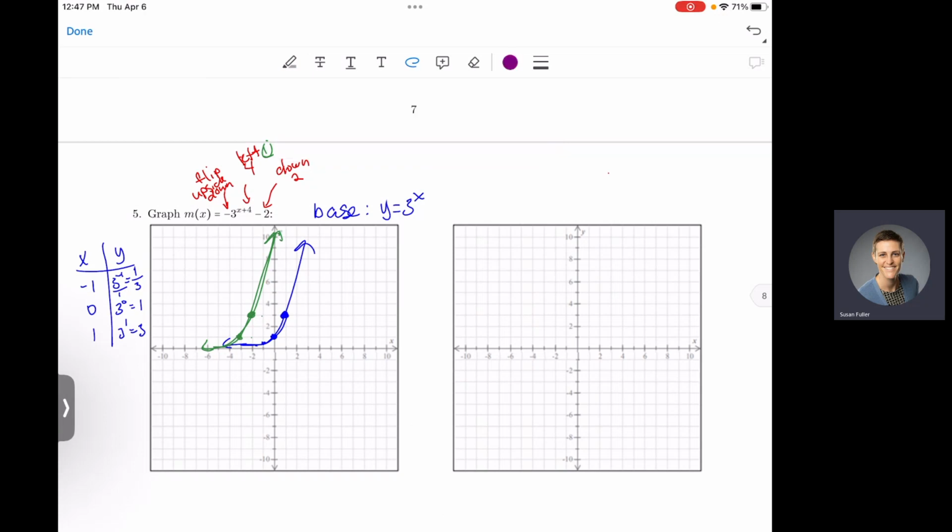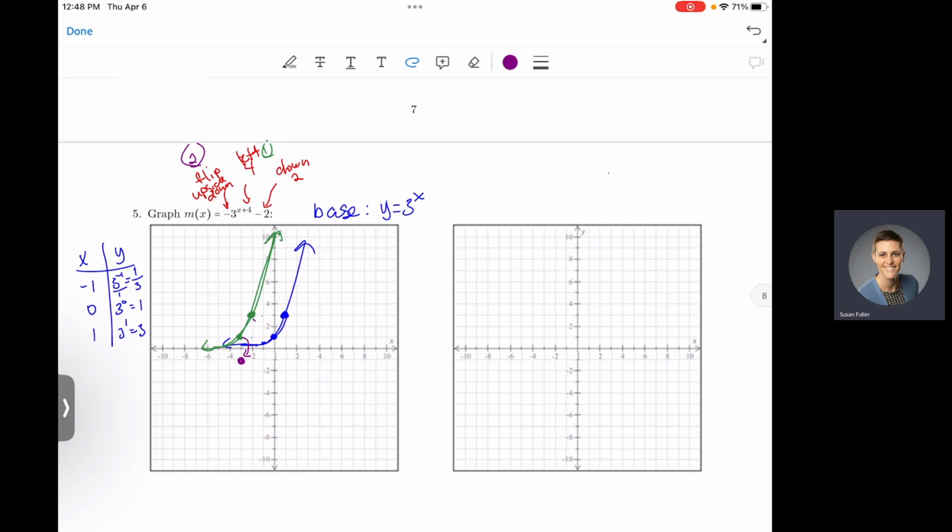The second thing that we have to do after we go left 4, the next thing we do, is flip this thing upside down. So I'm going to go from the point (-3, 1) to (-3, -1). I'm taking this point and flipping it across the x-axis. And I have a point at (-2, 3).